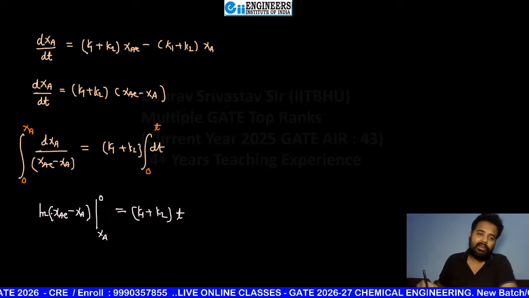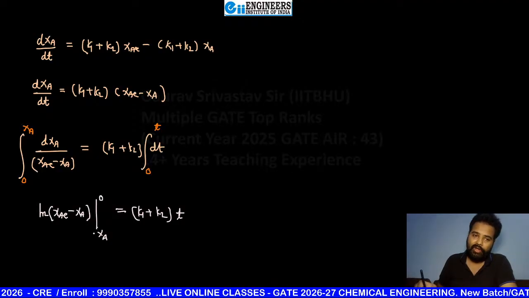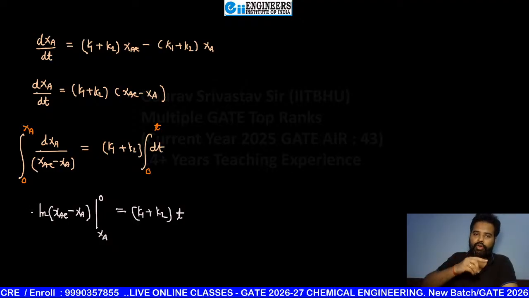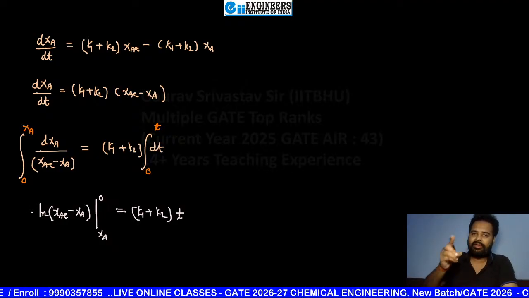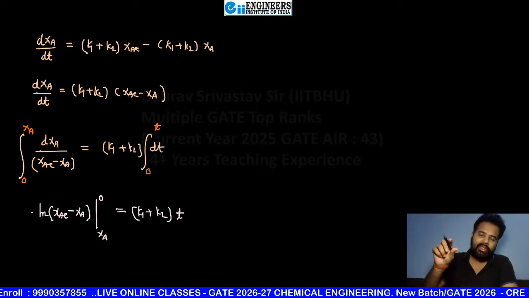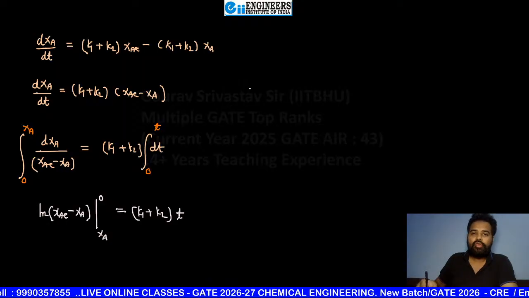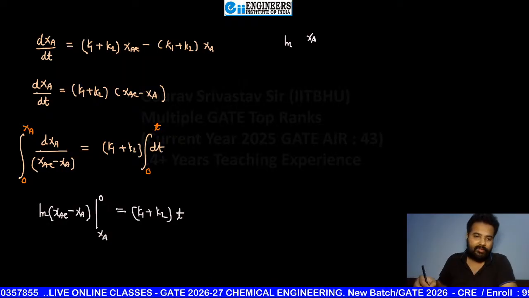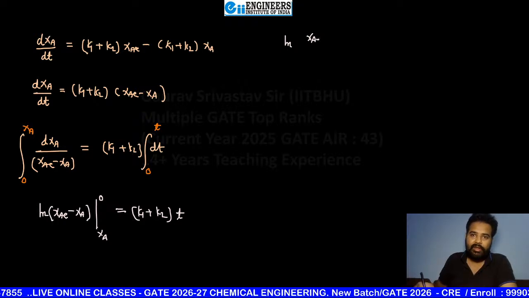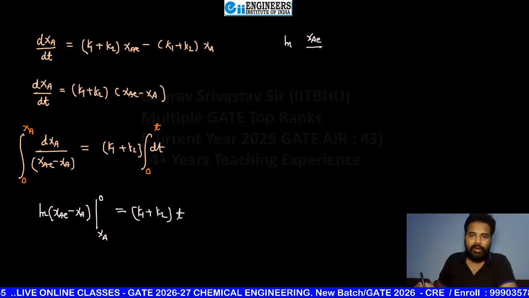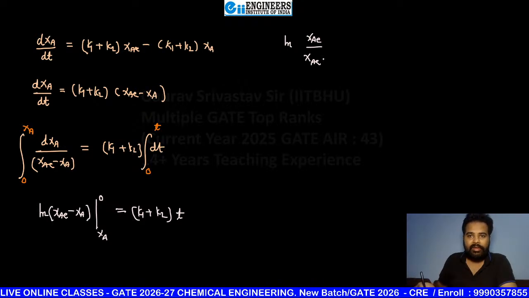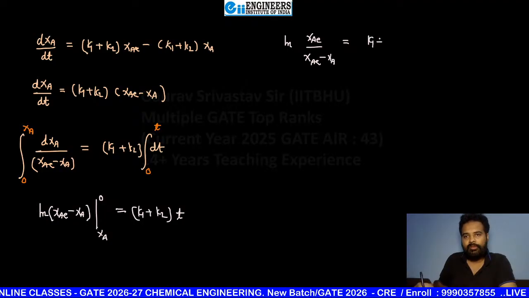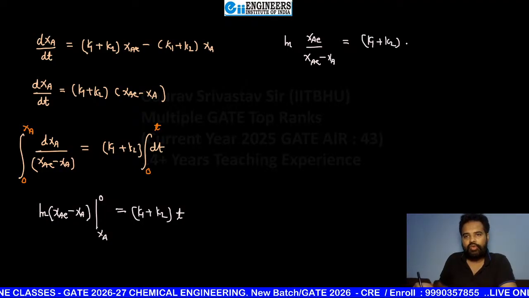The upper limit gives ln of XAe, the lower limit gives ln of (XAe minus XA), and ln a minus ln b can be written as ln a by b. So here you can write ln of XAe upon (XAe minus XA) equals (K1 plus K2) t.